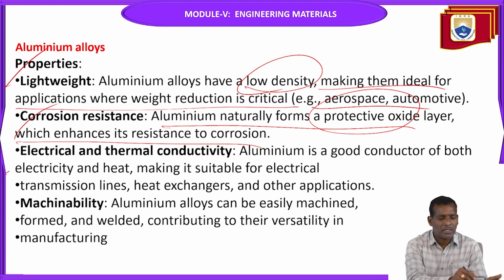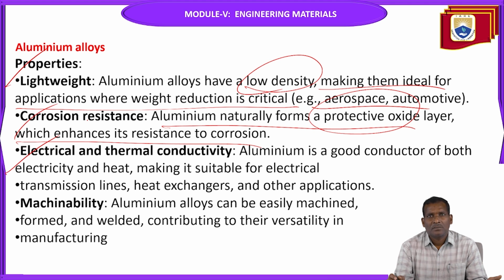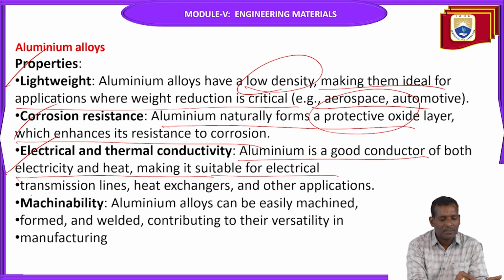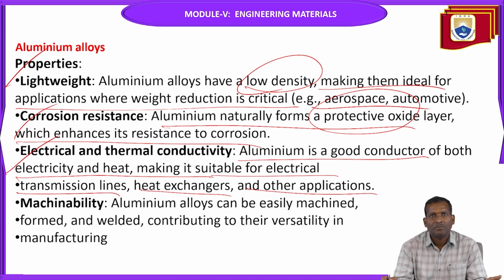Next, electrical and thermal conductivity. Aluminum is a good conductor of both electricity and heat, making it suitable for electrical transmission lines, heat exchangers, and other applications.